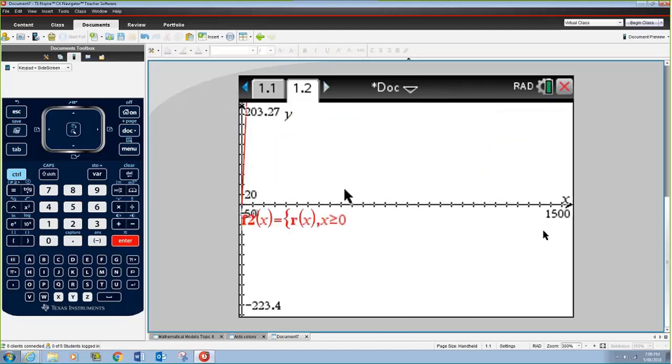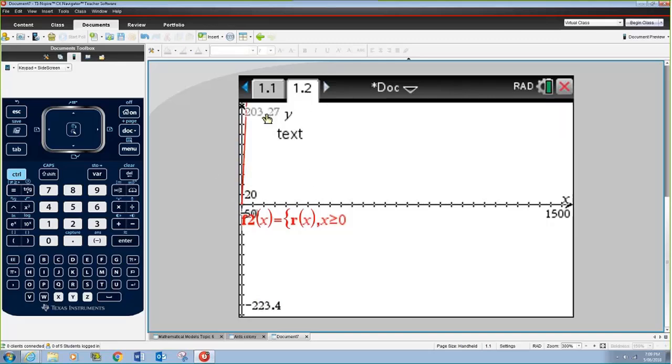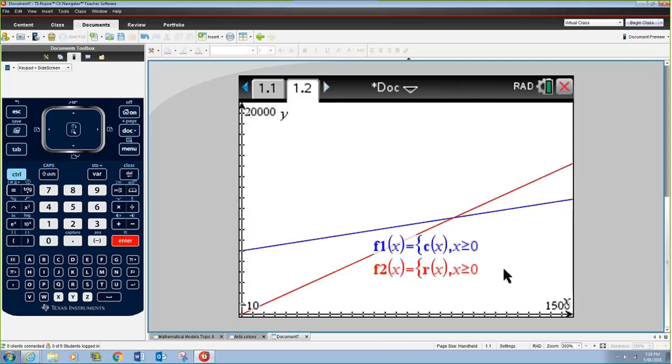And similarly, we need to change the window here to higher values there. So that's really important skills for the students to learn, how to do those things, to be able to see the graph. So now we can see the cost function and the revenue function.